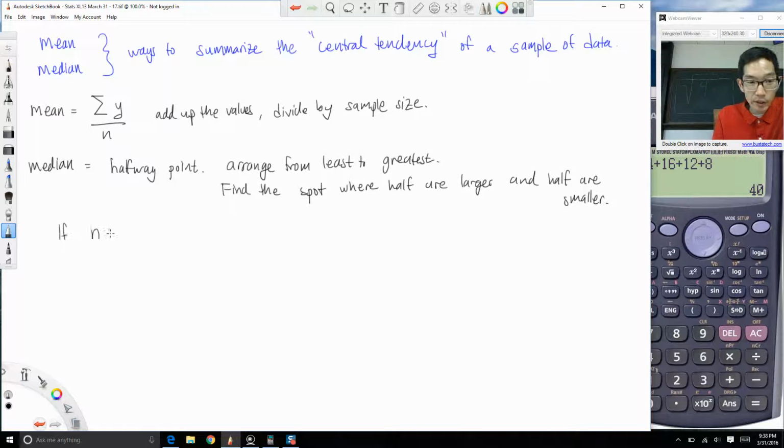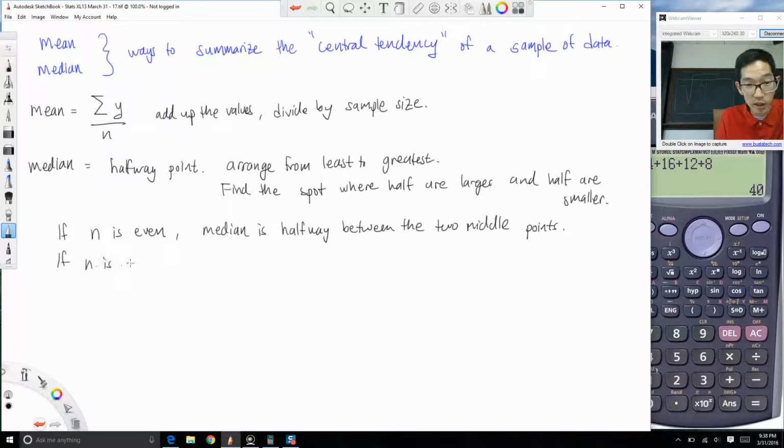If n is even, meaning you have an even number of data points, then the median is halfway between the two middle points. And then if n is odd, then the median is the value of the central point.